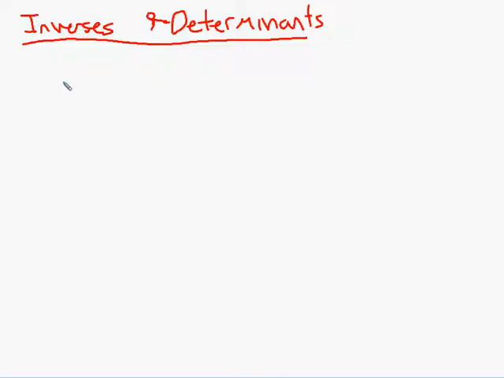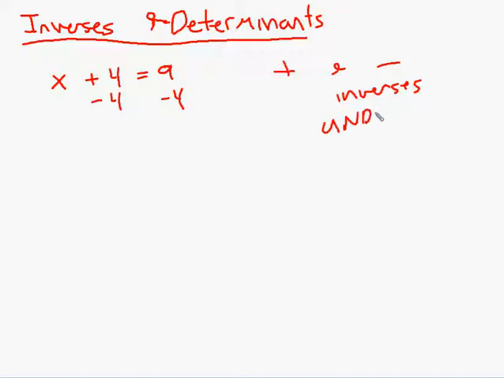So we're always reminded of what an inverse is supposed to do. If I had x plus 4 equals 9, and I'm solving that, I would subtract 4. So we'd say addition and subtraction are inverses because they undo each other.